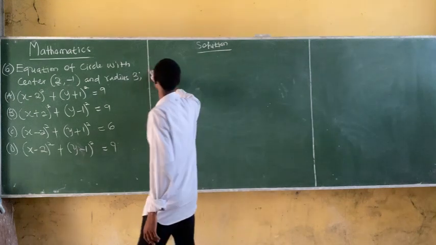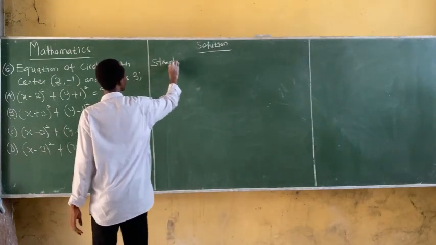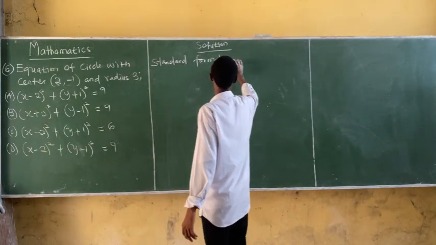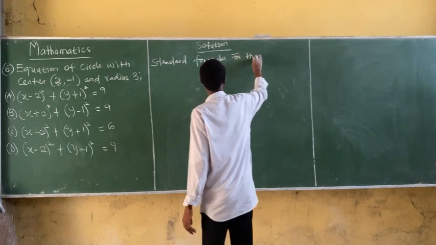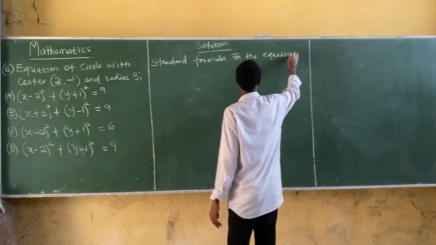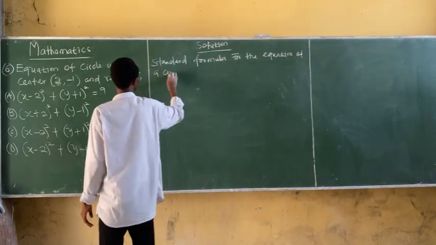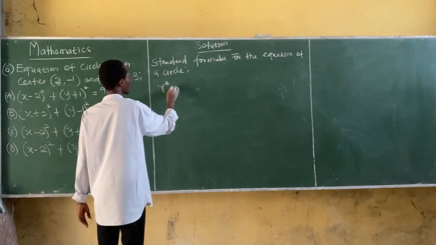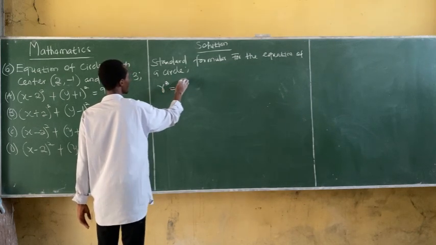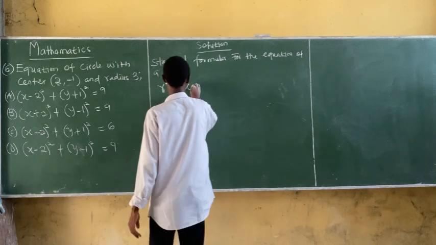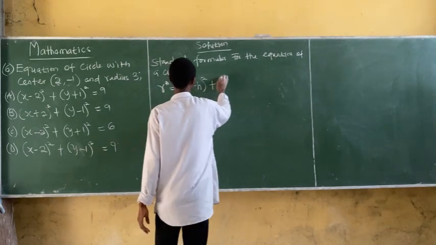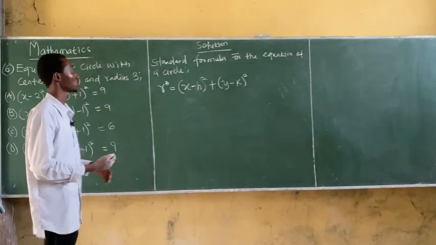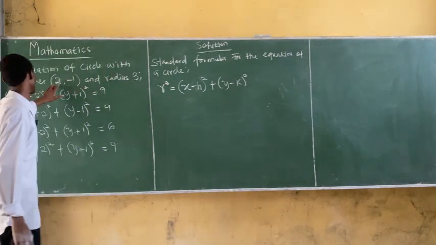Now, the standard formula for the equation of a circle, it's r squared is equal to x minus h all squared plus y minus k all squared, where h here is the first value here.